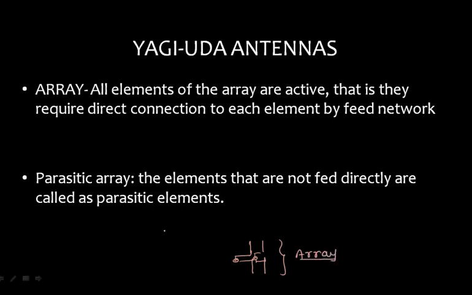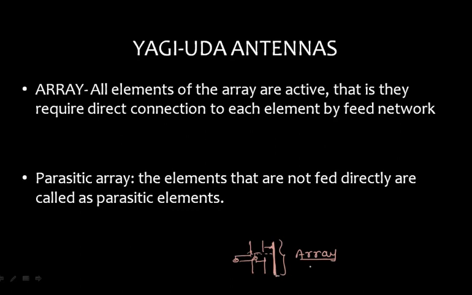Now what about the parasitic element? You're not directly connecting your feed network to it, but you're keeping that element near your transmitting antenna. Whatever energy is radiated will be incident on this element and it will contribute. Whatever is incident will be reflected back, so it works as another antenna. This element, which is not fed directly, is called the parasitic element.